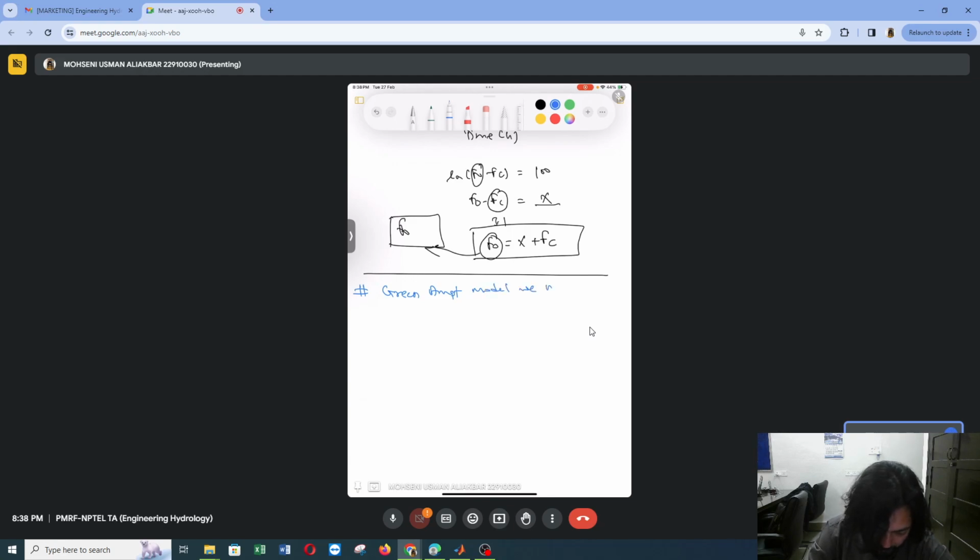We need to derive or determine its constants, that is A and B, right? And at the same time we also need to calculate the infiltration rate, that is f(t), and cumulative infiltration.